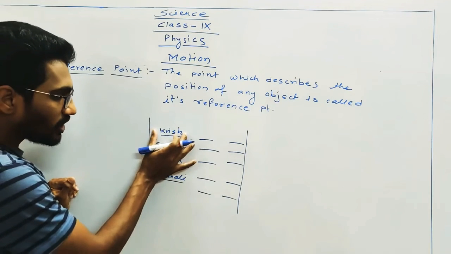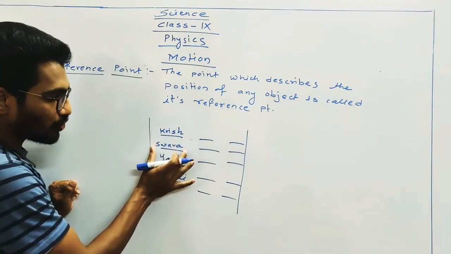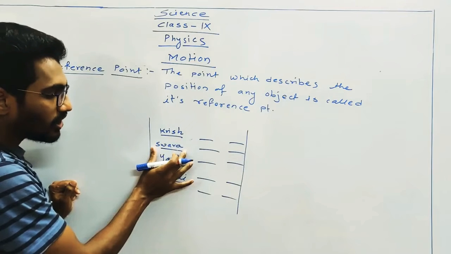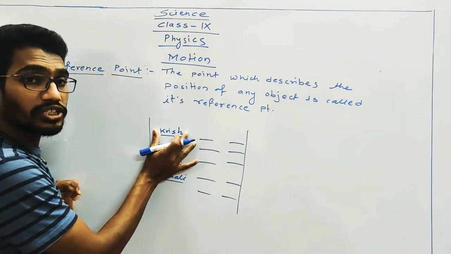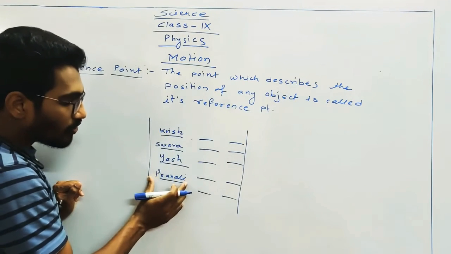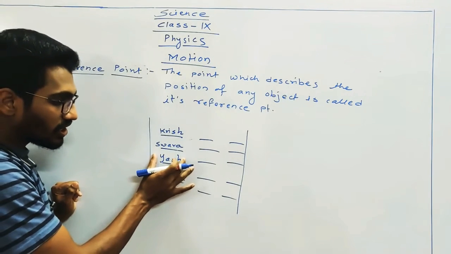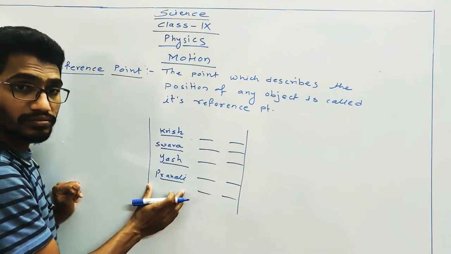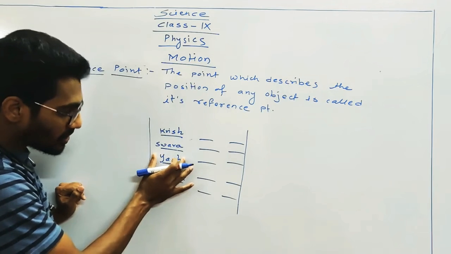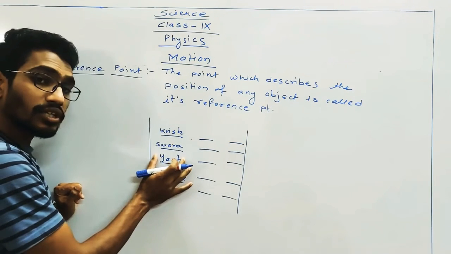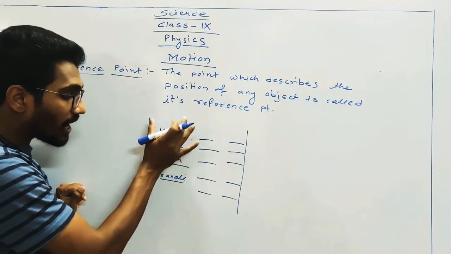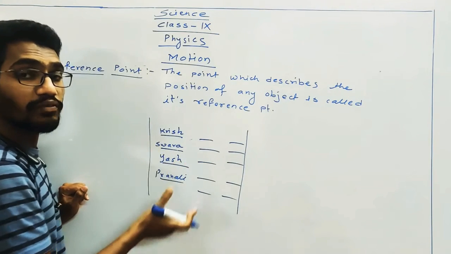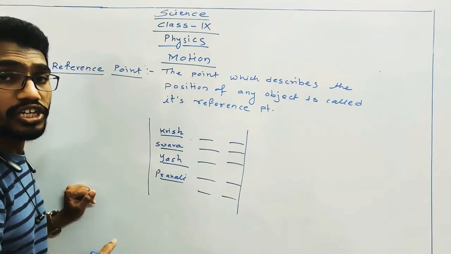So Krish must be the reference point for Swara and Swara must be the reference point for Krish. Okay. For Pranali, sitting behind Yash, or for Yash, sitting in front of Pranali or sitting behind Swara. So you are having two reference points. Is it clear to all?